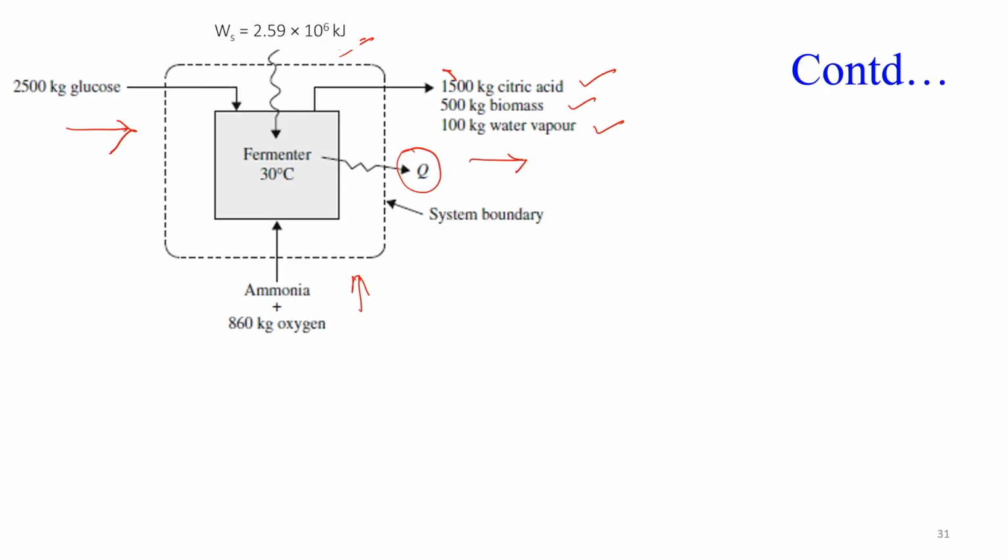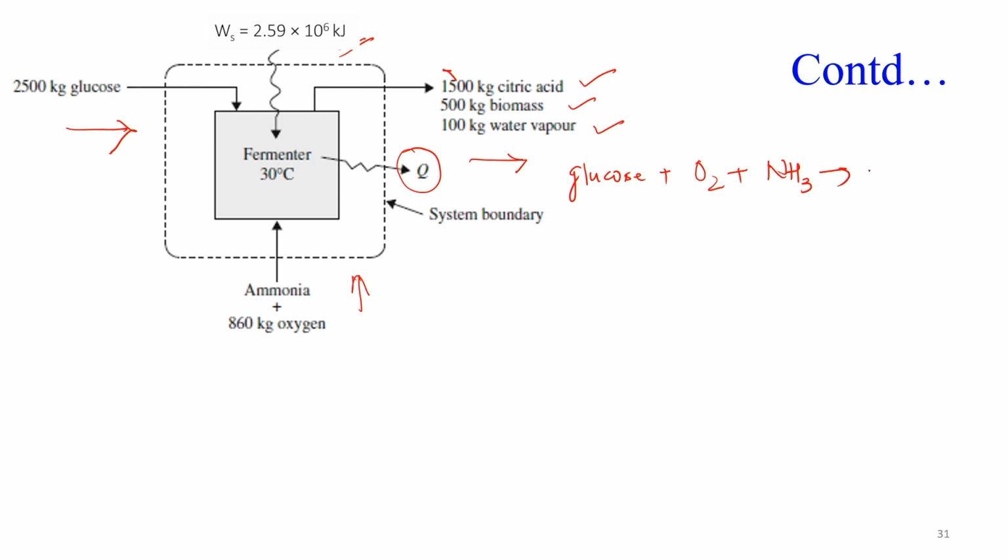Now, again we have to do this energy balance here. So, how are we going to do this energy balance? We have here glucose, oxygen, ammonia, nitrogen source.